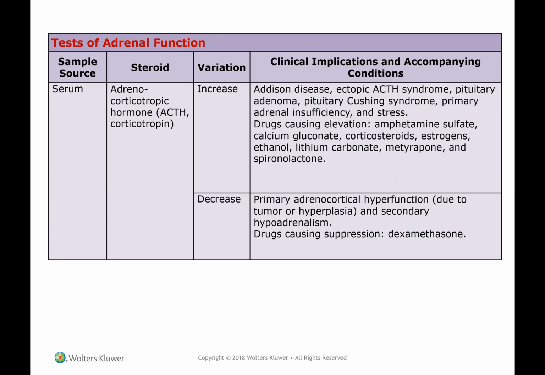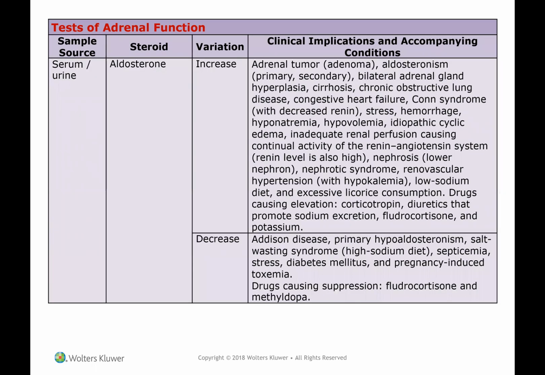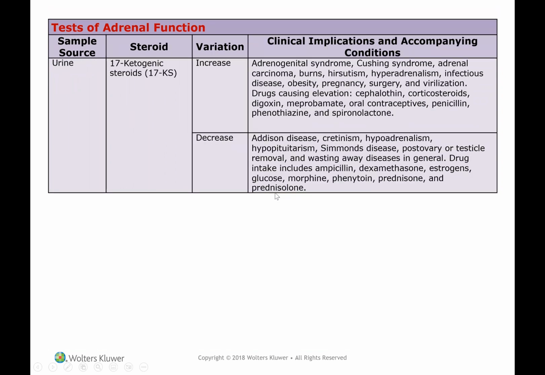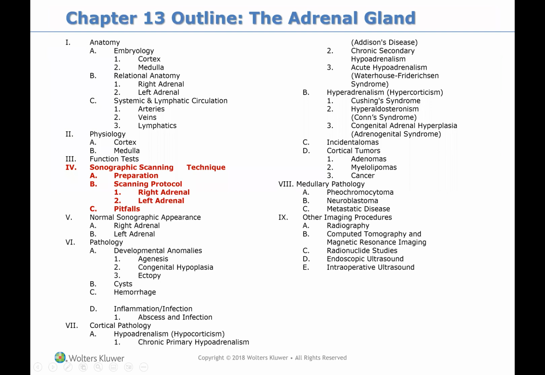So maybe just be aware of that. Aldosterone, testing that steroid if it's increased or decreased. Cortisol levels, if it's increased or decreased, what could be causing that? Ketogenic steroids, increased or decreased, what could be causing that? Just be aware of those things.